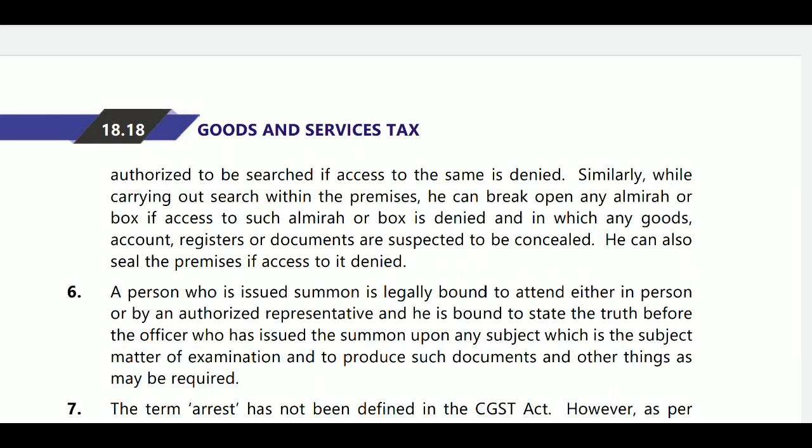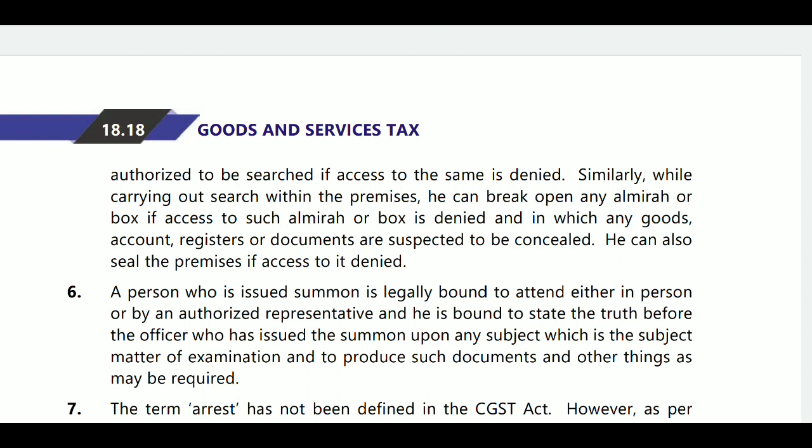If any person is not opening the door for the purpose of search or seizure, then the officer has the power to break the door and carry out the search. There is no problem; he has full powers for breaking the doors. Similarly, while carrying out a search within the premises, he can break open any almirah or box.